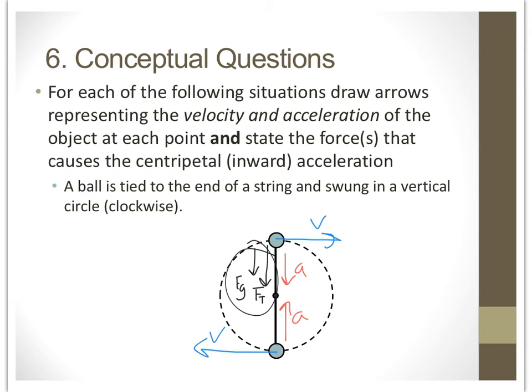When we get to the bottom of the circle, we still have tension going in, causing the object to have a centripetal acceleration. Gravity, which is still going down, actually opposes that tension. So we need a greater tension inwards to create the same centripetal acceleration, because now gravity is working against tension as opposed to working with tension as it was in the first case.